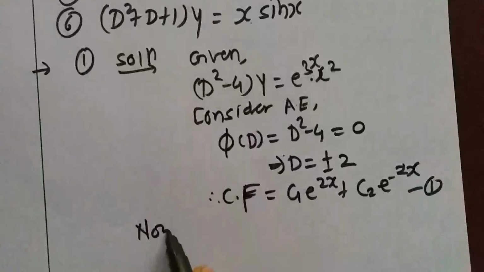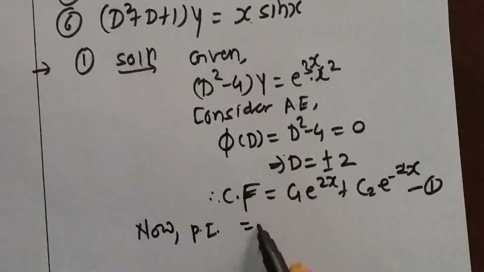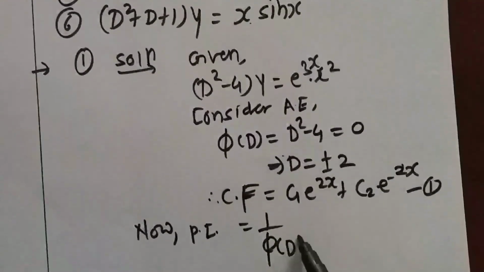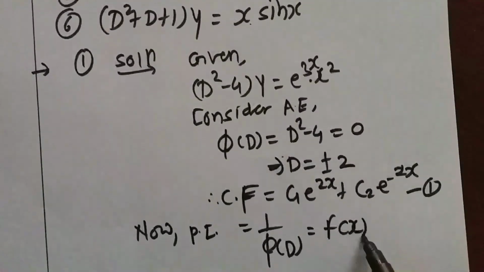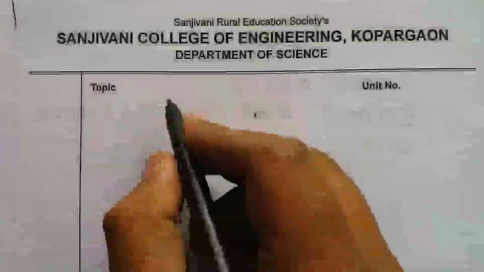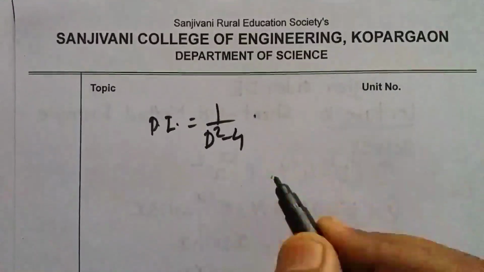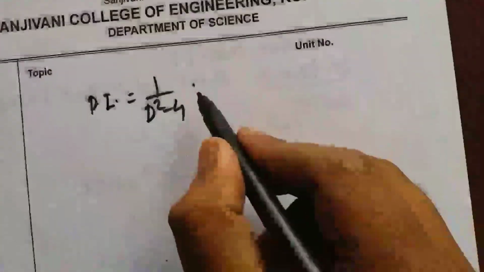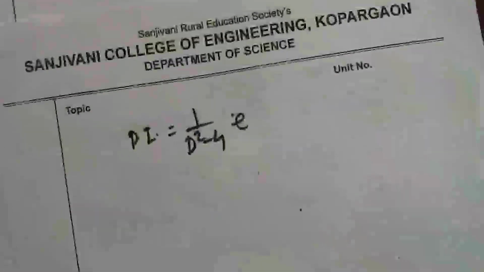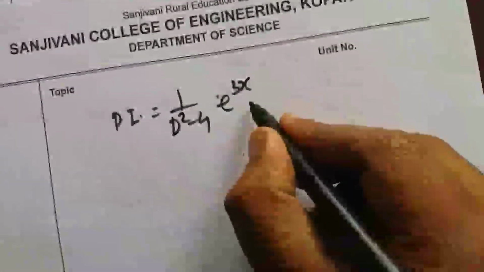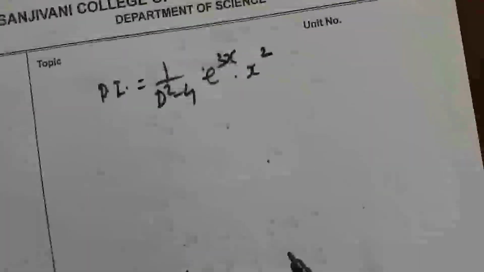Now the calculation for the particular integral. The particular integral is by definition 1 upon phi of D f of x. Now use the values of phi of D and f of x here. So PI will be 1 upon D square minus 4, which is the value of phi of D, and e to the power 3x into x square is the value of f of x.